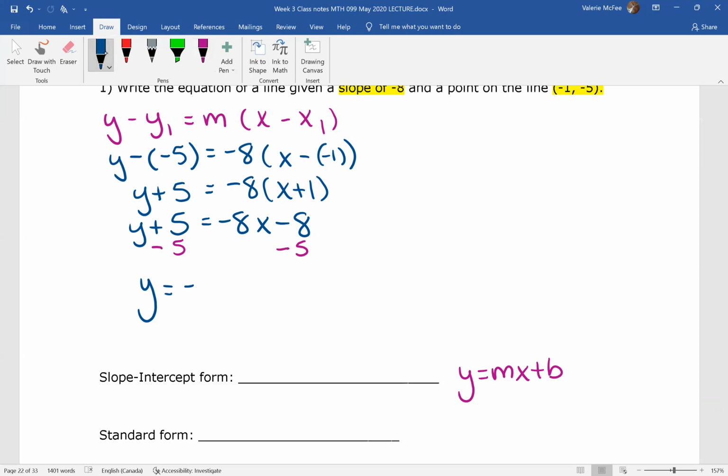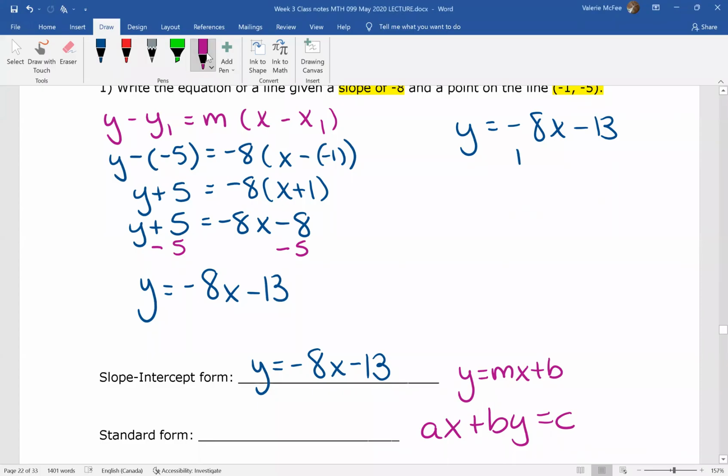Y equals negative 8x minus 13. Why don't you pause your video and write that in standard form? Only one step required here to put this in standard form. 8x plus y equals negative 13.